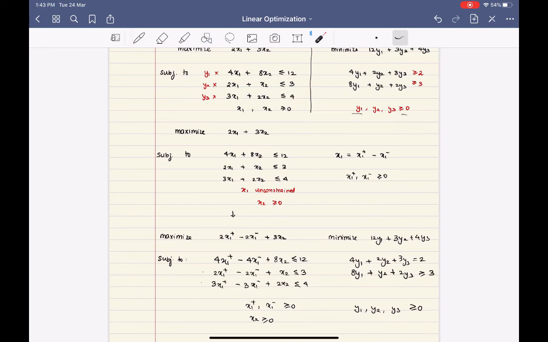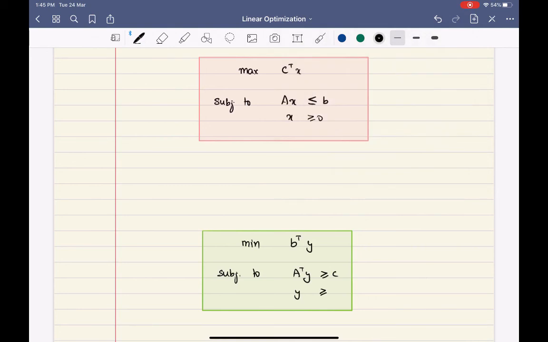Okay, so let me summarize whatever we saw in these 4 cases. So normally these two are the primal dual pairs. Now what did we see? Suppose one of the constraints, say the ith constraint, has bigger than or equal to, so it will look like ai, say the ith row, bigger than or equal to bi.